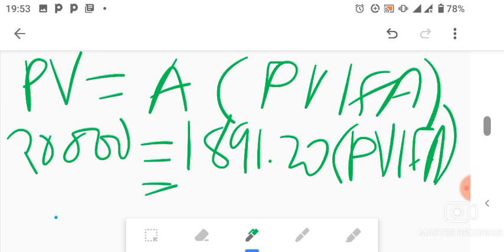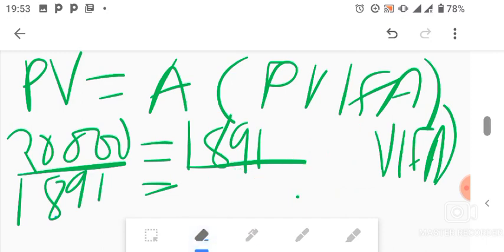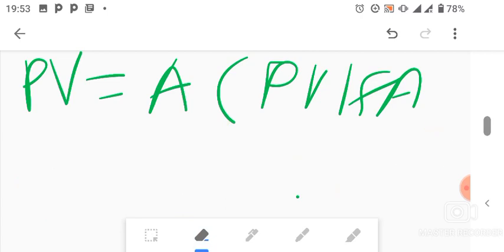So what you're going to do is change the subject of the formula. You divide both sides by the same thing, and then you make that the subject. Let me divide that properly. I think you should get 10 point something, so 10.5 something, if I'm not mistaken.